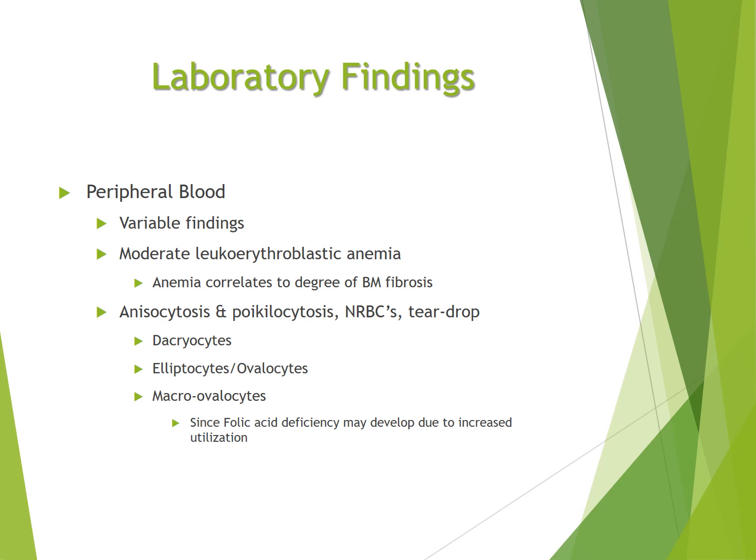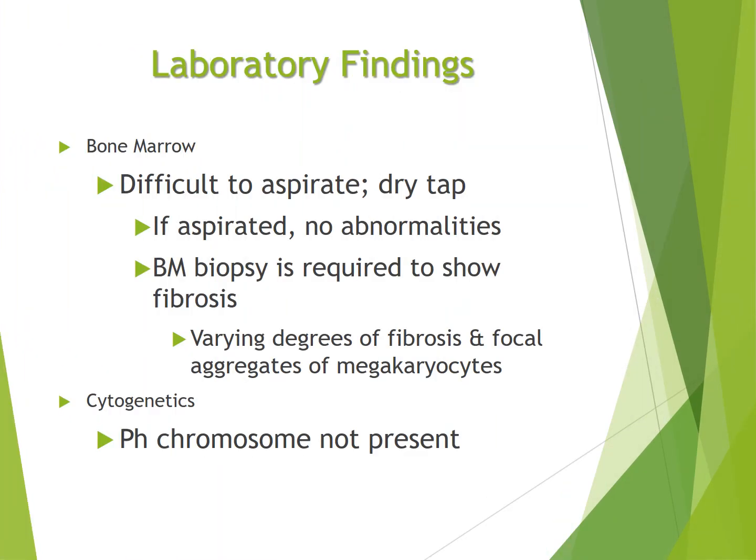And due to the variable findings, you might have an anemia also developing, depending on the degree of fibrosis present. The bone marrow will have a difficult aspiration or a dry tap, varying degrees of fibrosis, and an absence of the Philadelphia chromosome.